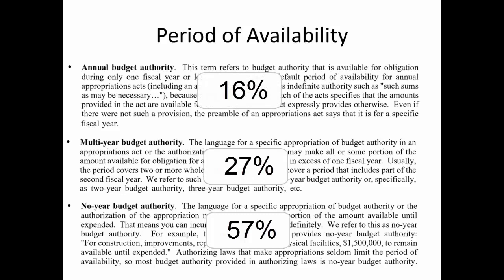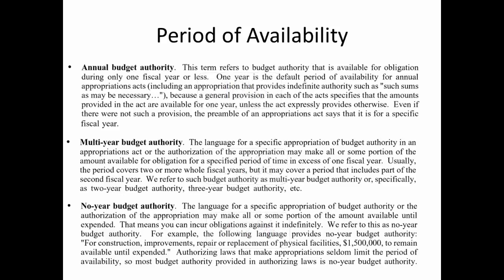This being the case, let's first focus on language that creates no-year availability. What language helps us determine this? Well, the clearest examples reflect the magic no-year words immediately following the amount appropriated. Here we see the phrase "available until expended" in the sentence immediately following the $50 million appropriation from the SMI Trust Fund.